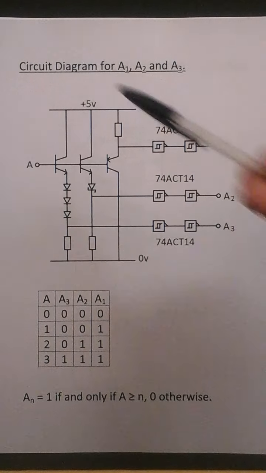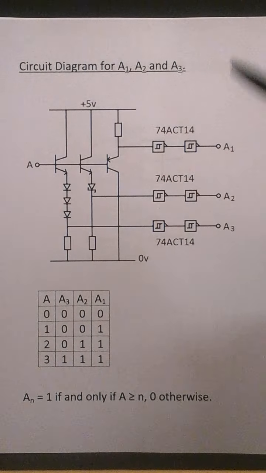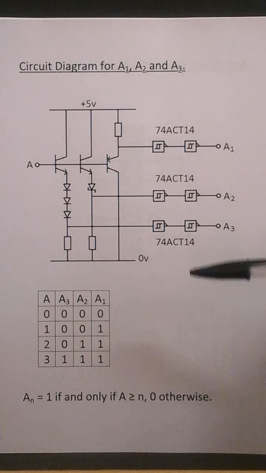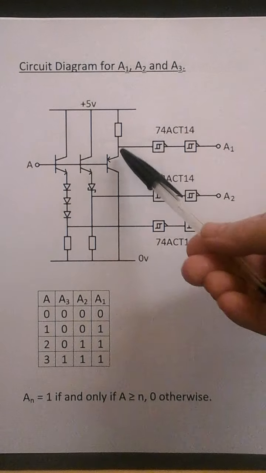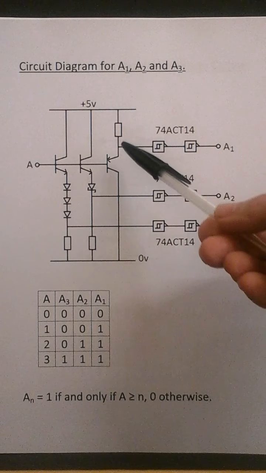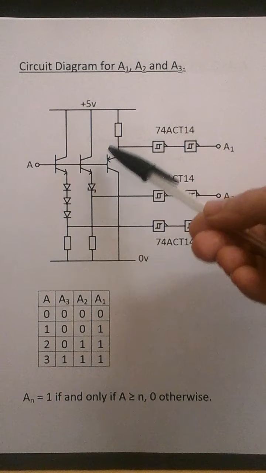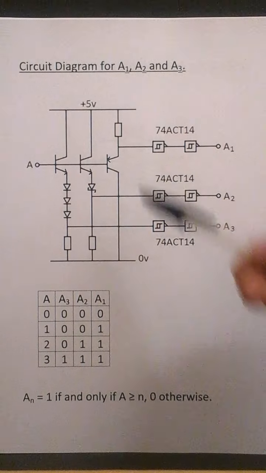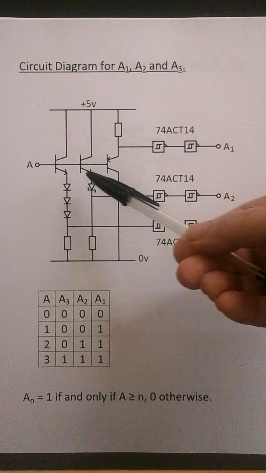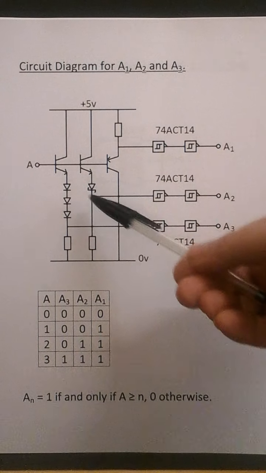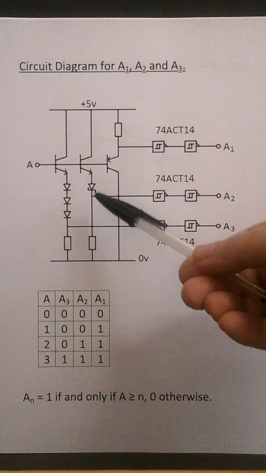This is the circuit diagram for A1, A2 and A3 as described in the logic diagrams, voltage range diagrams. So this is A1, which is shifted down 0.7 of a volt. This is A2, which is shifted up 1 volt.